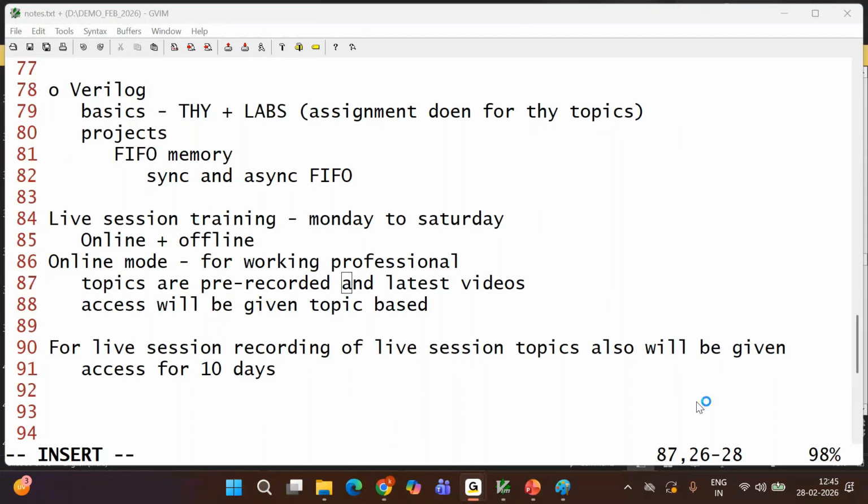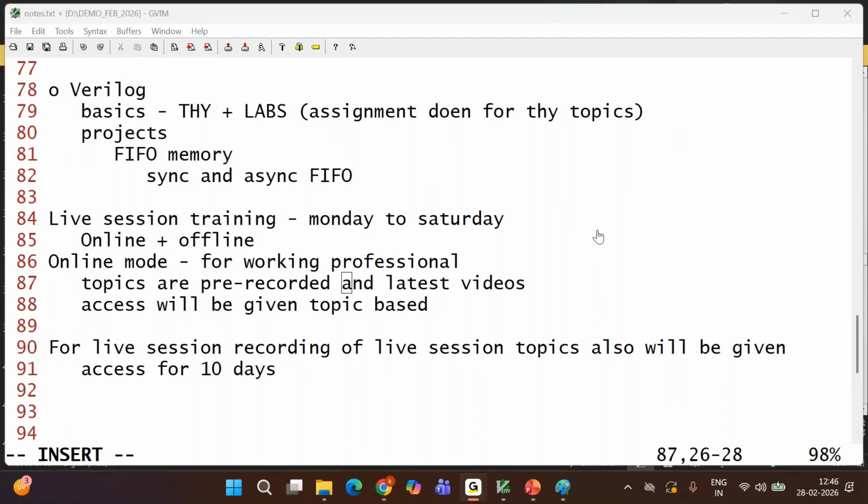That is not with respect to the subject point of view. Subject assignments are purely for you to get a 100% grip on the subject. From the project point of view, the real-time application is the project we have. I hope it is clear, Prashant.